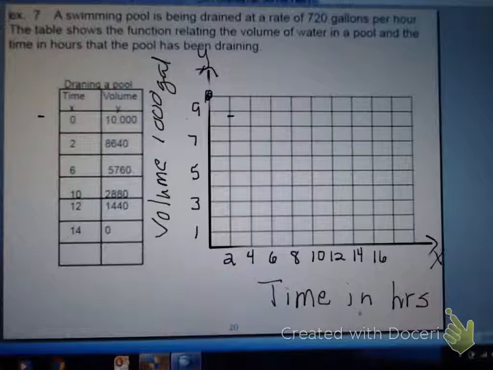And then 6 hours, 5,700. Ten is 2,800. 12 hours is 1,014. And at 14 hours, it is 0.